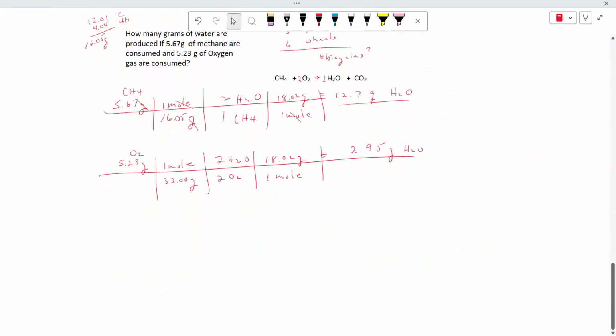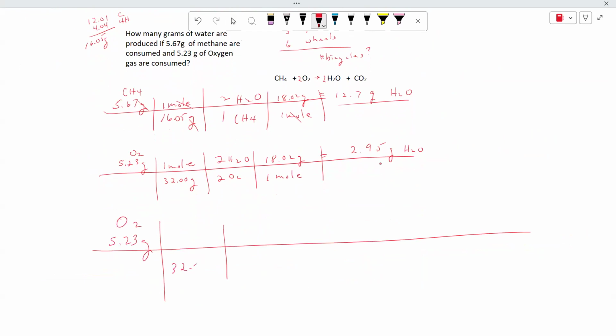So we're going to start with the limiting given, which is oxygen. Now we want to find out how much methane is consumed. So that means we're going to be looking for grams of methane. And then methane was 16.05.